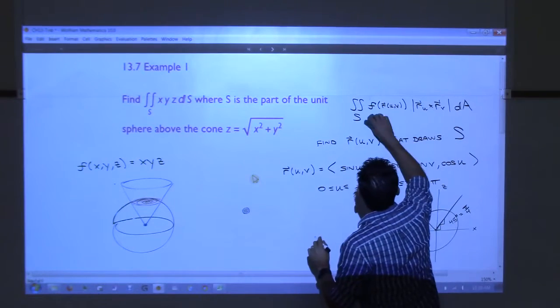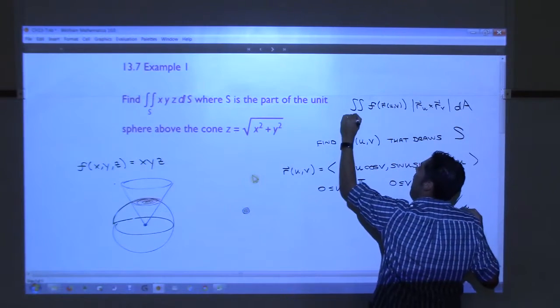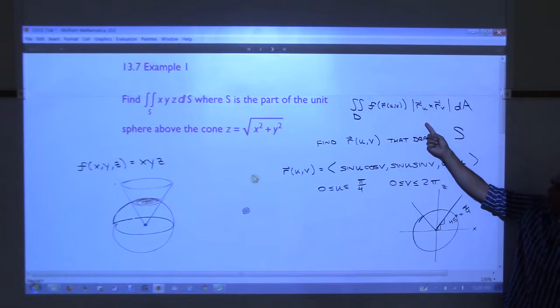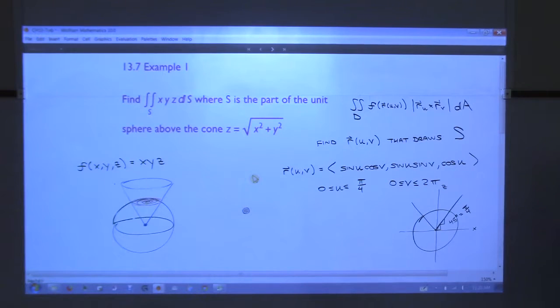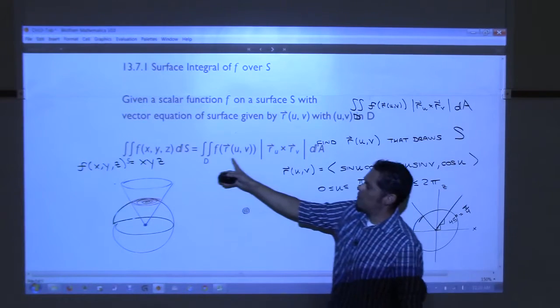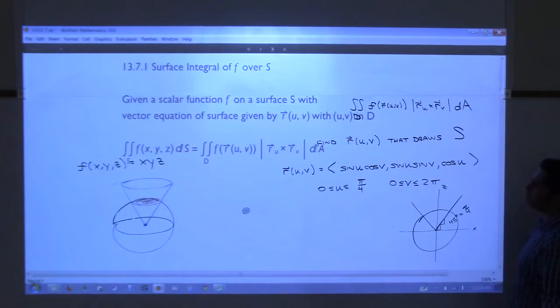Sorry, and this needs to be converted over to dA because now everything's in terms of u and v. Where am I getting that formula from? The previous slide I showed you, right there. That's what I need to do.